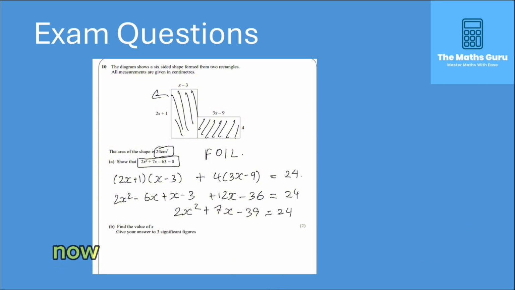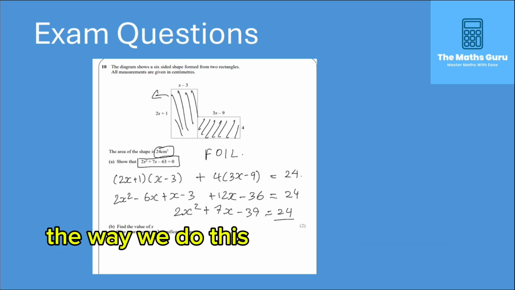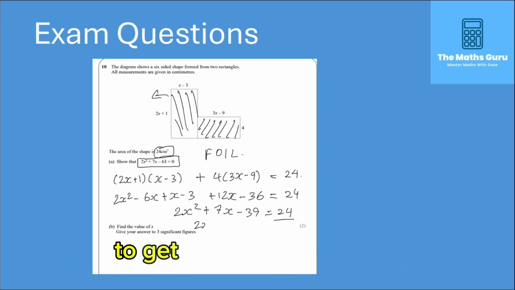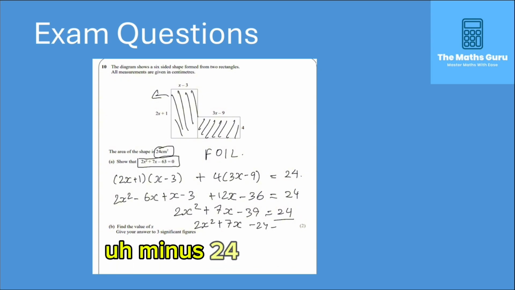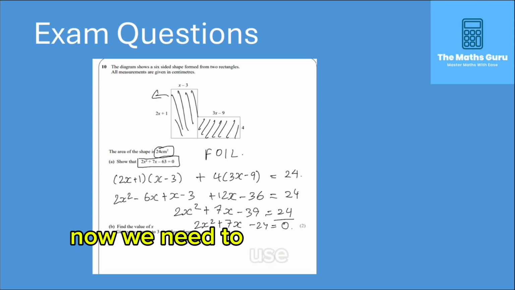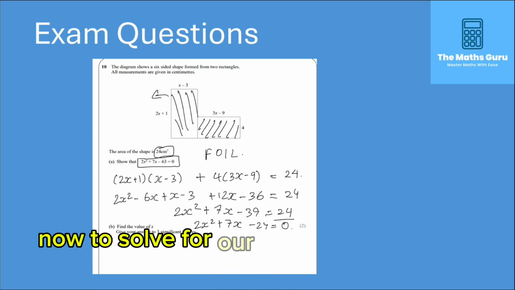Now, we need to get this 24 down to 0. The way we do this is to minus 24 from both sides to get 2x squared plus 7x minus 63 is equal to 0. Now, we need to use our quadratic formula to solve for our x.